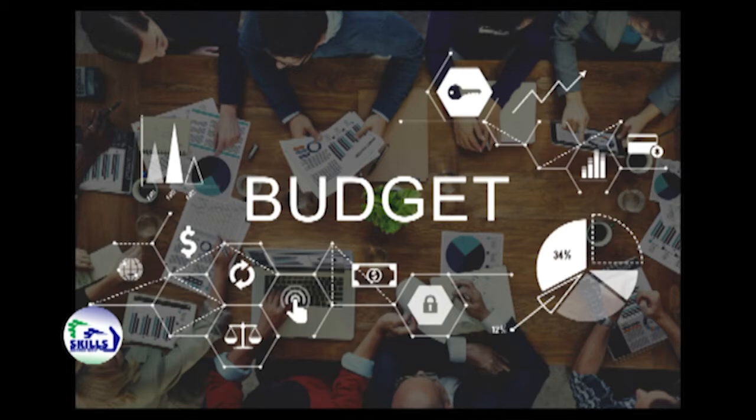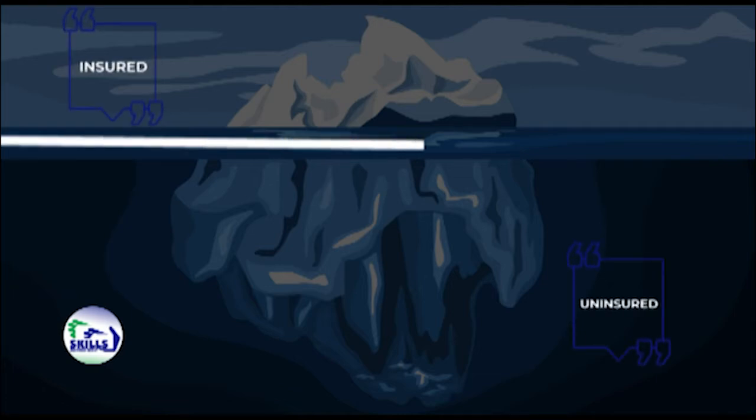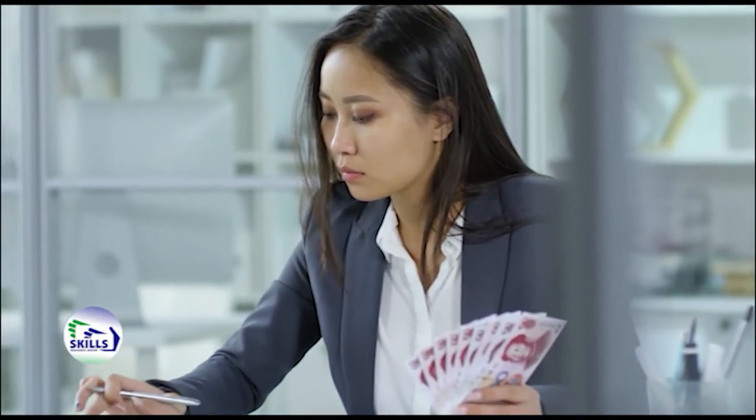We classify the cost factor under insured and uninsured costs according to the iceberg effect. Insured costs are those above the line and include expenses such as medical and compensation. Below the waterline are the uninsured costs that normally exceed the insured costs.